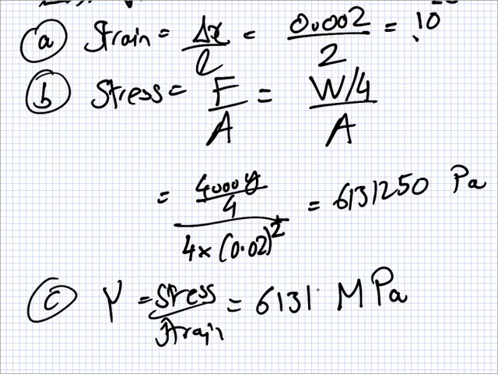Okay, right, let's see. 6131 mega is 10 to the 6. It's 4,000 G divided by 4, equals... Oh, thank you. I made a mistake. I understand now.